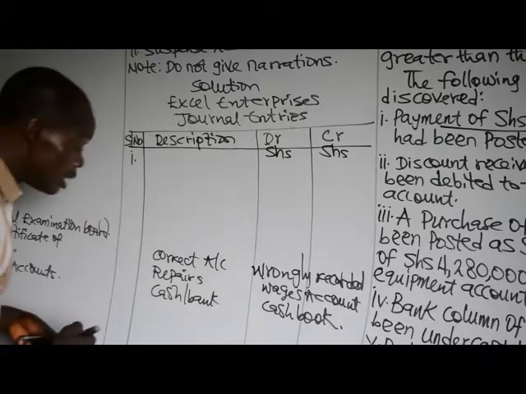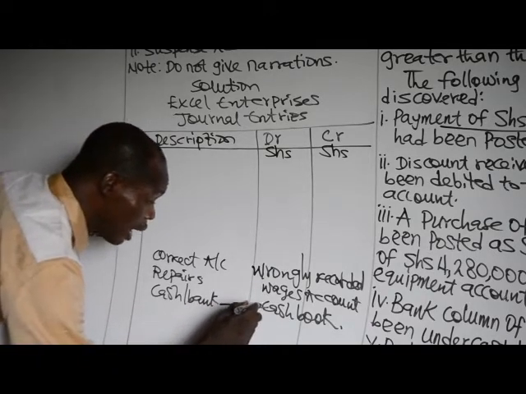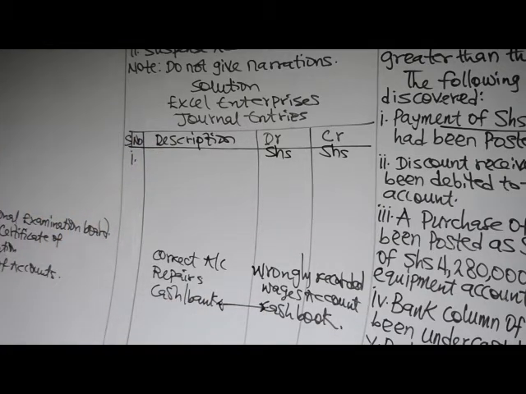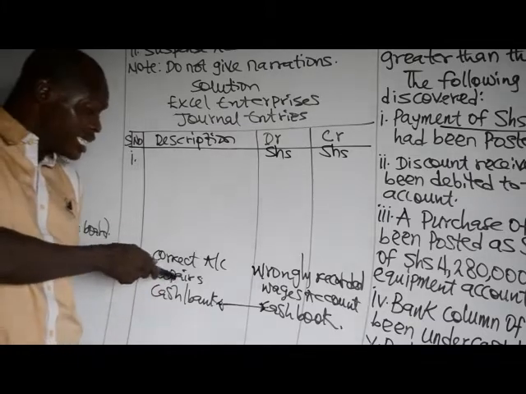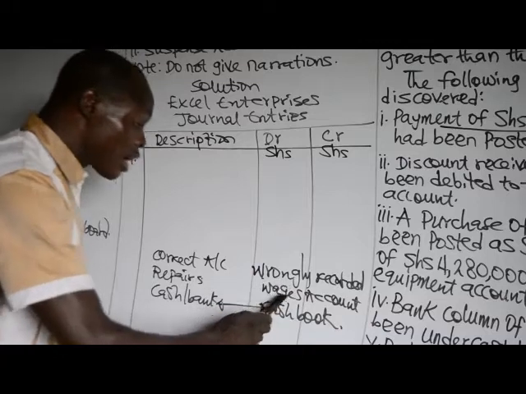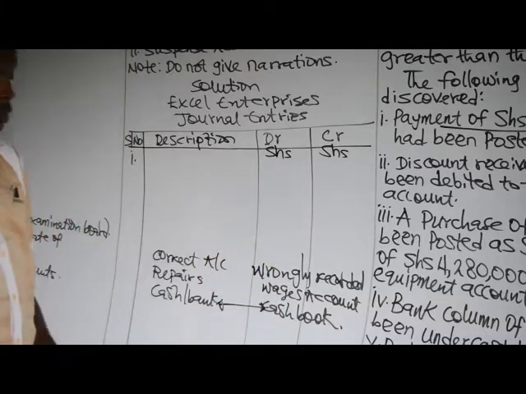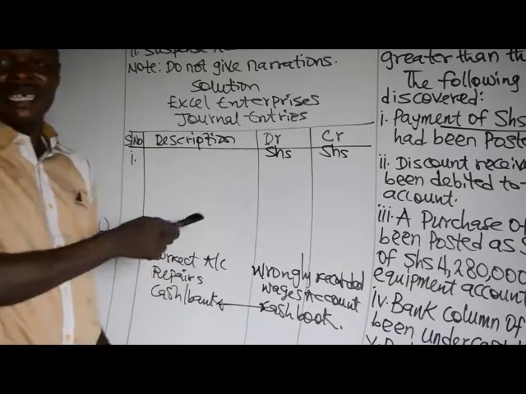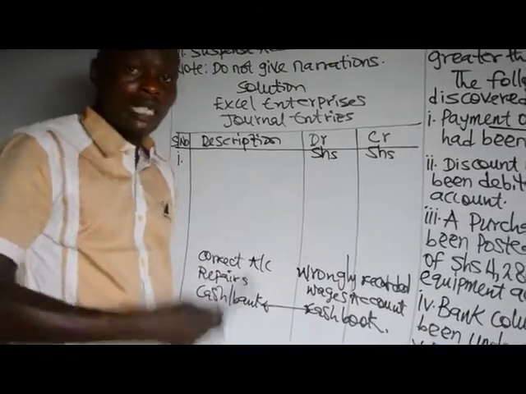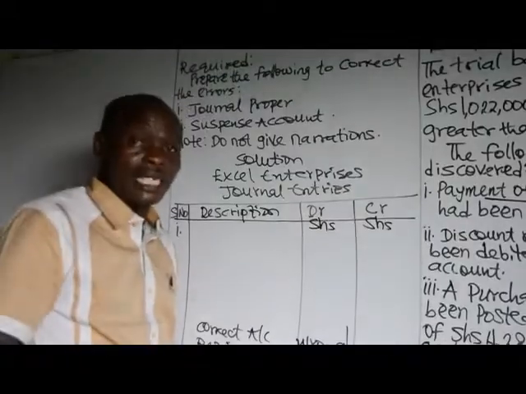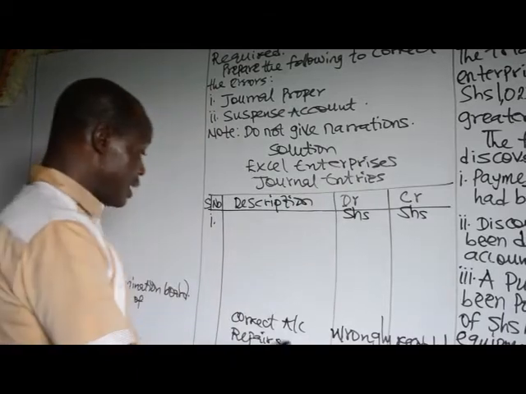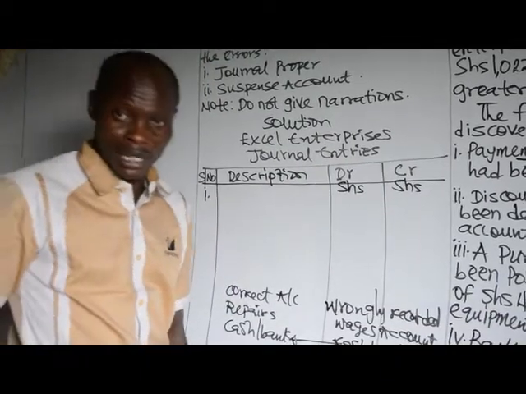So that means this transaction has been recorded correctly in the cash book, but instead of recording it in repairs account, it was wrongly recorded in wages account. That means this transaction has been recorded in the wrong class of account, and that is an error of principle.